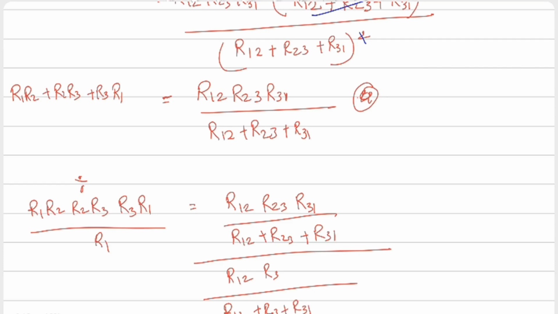So this term and this term are cancelled out. R12 is cancelled out, R12 is cancelled out, then R31 is cancelled out, R31 is cancelled out.